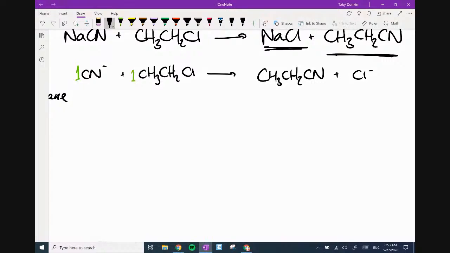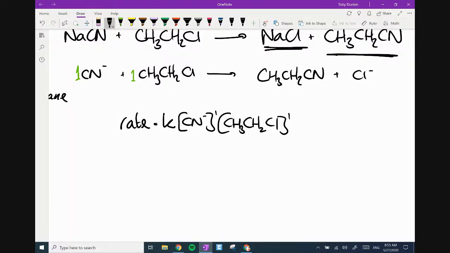If that mechanism is absolutely true, and there is nothing else involved here, then we can predict a rate equation. The rate equation would be k [CN-] to the power of 1 and [CH3CH2Cl] to the power 1. This is what would be called a predicted rate equation.